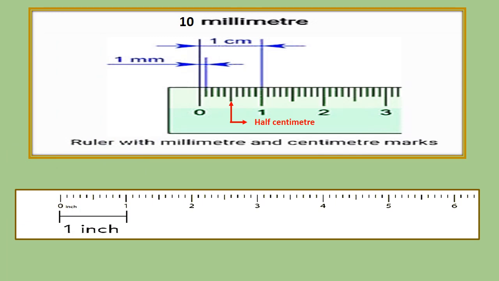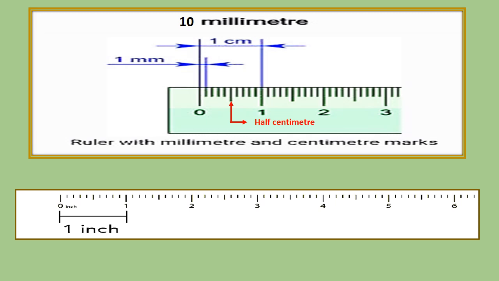Children, if I want to know the length of my pencil, what device will I use? Yes, a ruler. Observe the ruler carefully. You will find many equal divisions or parts on the margin of the ruler. Some lines are longer while others are smaller.